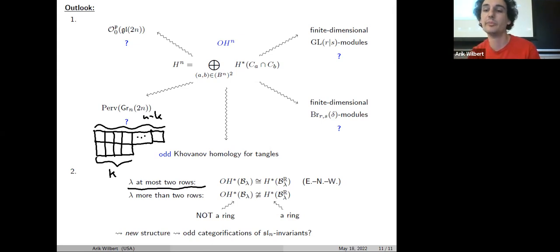So I think they complement each other. But my answer is I don't see anything, or I can't explain any phenomena in the usual Khovanov homology using odd Khovanov homology. I don't have an example of this. And that's maybe a disappointing answer, but yeah.